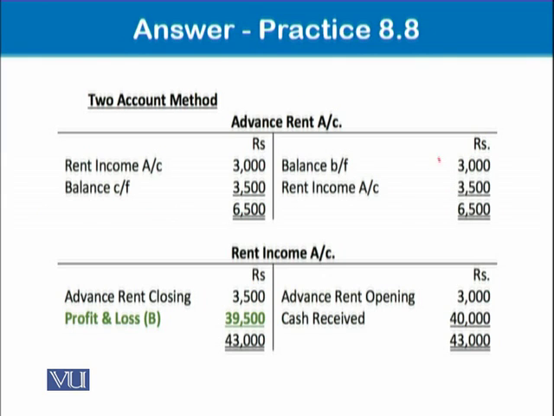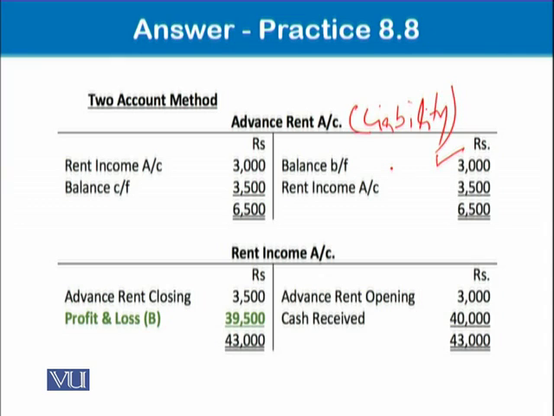Opening balance will be brought forward on the credit side since this advance rent will be in the nature of liability. Okay. Why liability? Because we have received it, but it does not belong to our reporting period. Therefore, this receipt is our liability. We have to earn this income in the next accounting period.